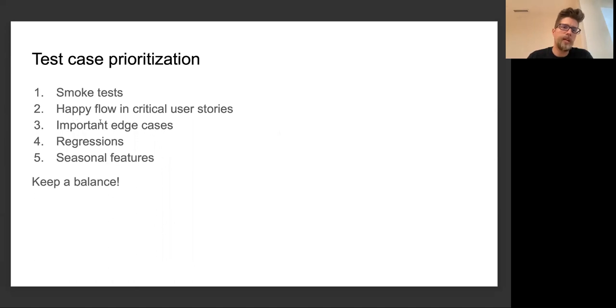Similarly, some of the edge cases in the critical user stories are more important than others. I imagine that, for example, in case of online stores, payment with card, the card failing is pretty often a pretty common situation. So it makes sense to cover this, not completely the happy flow, but a very important flow as well.